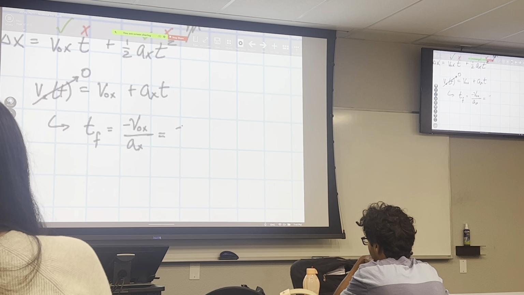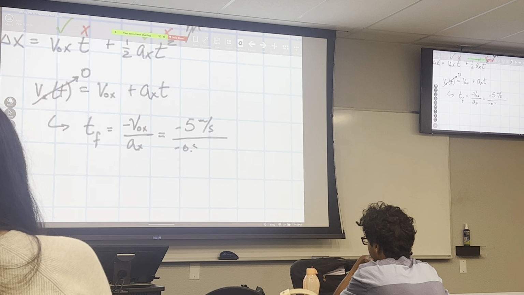Or this is negative 5 meters per second divided by negative 0.588 meters per second squared, which is equal to 8.5 seconds. Now we know the time. Now we know the duration.